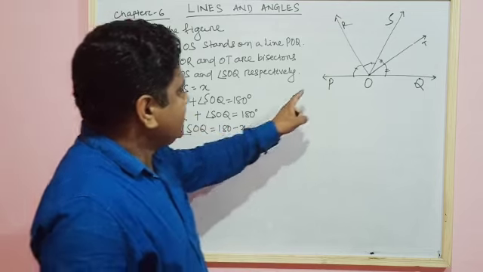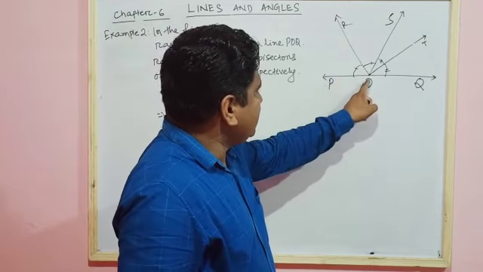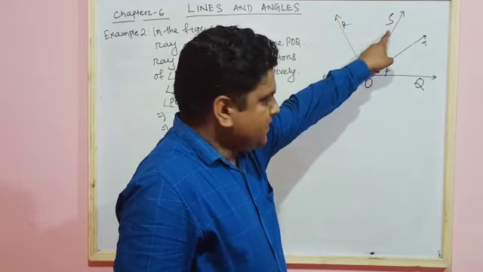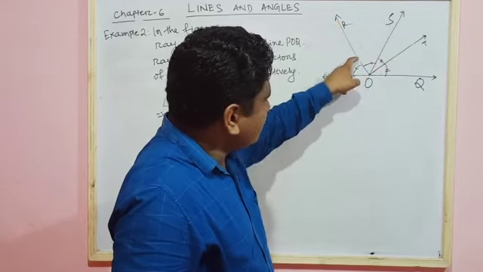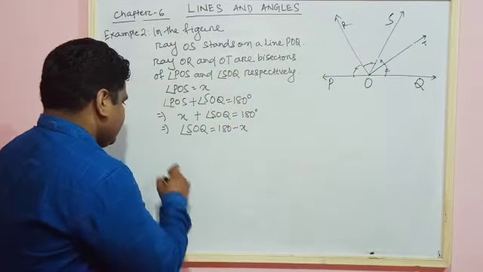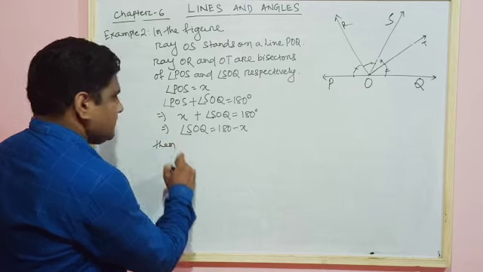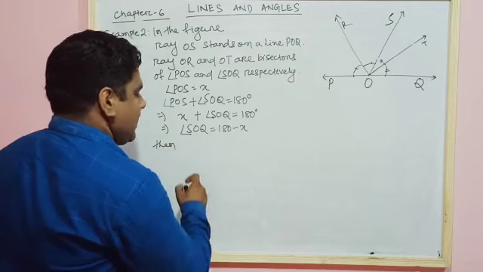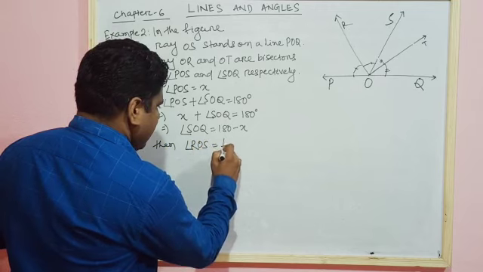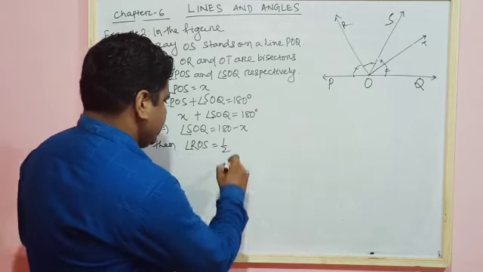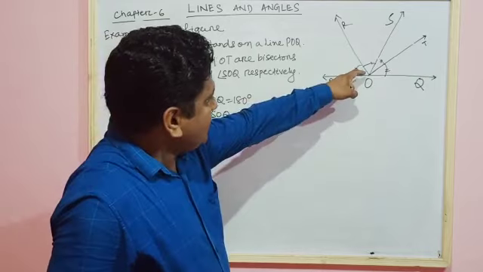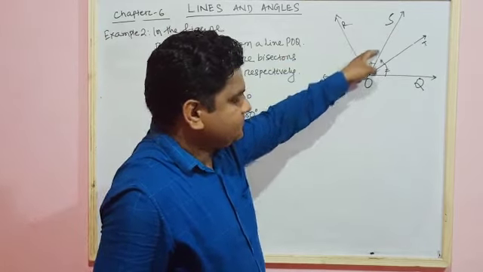Now, what is the measure of angle POR and ROS? It will be half of this angle, so it will be x by 2. The measure of angle ROS will be half of POS, because the ray OR bisects this angle.